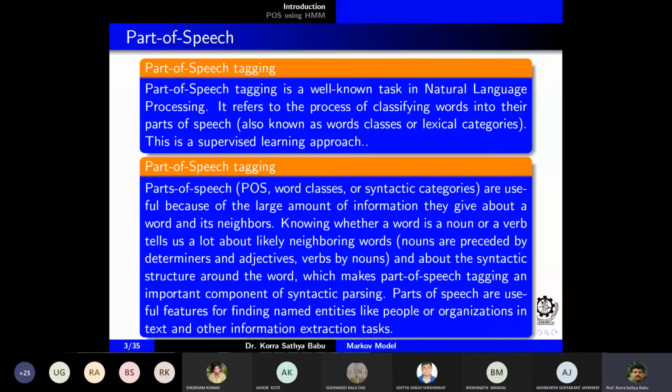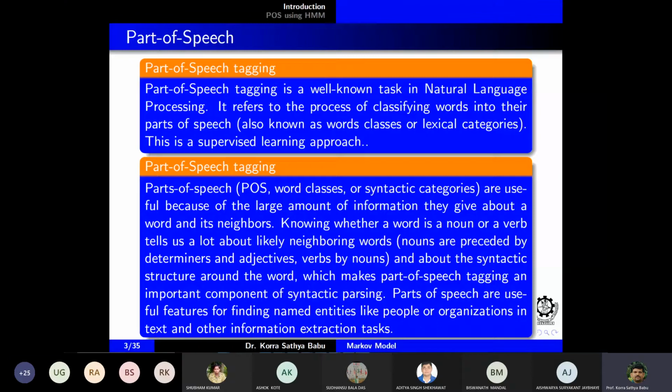So that is saying that knowing whether a word is a noun or a verb tells us a lot about likely neighboring words. Like nouns are preceded by determiners and adjectives, verbs by nouns. This type of at least some basic information can be known, right? And about the syntactic structure around the word, which makes parts of speech tagging an important component in syntactic parsing.